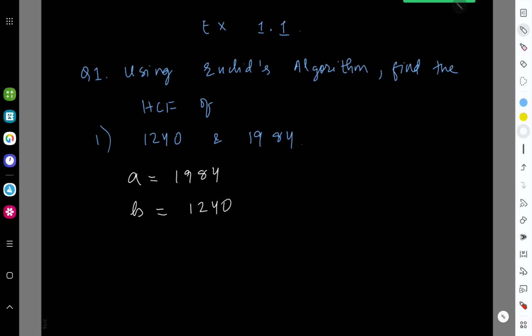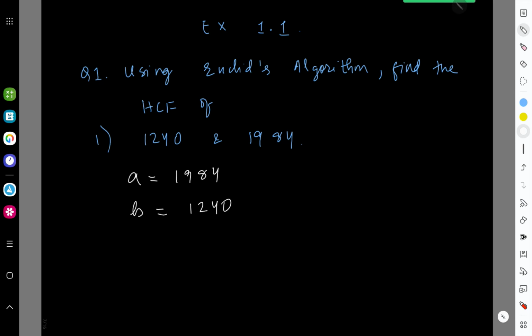Now on the right side of your worksheet, you can show the Euclid's division, using the expression A is equal to BQ plus R.